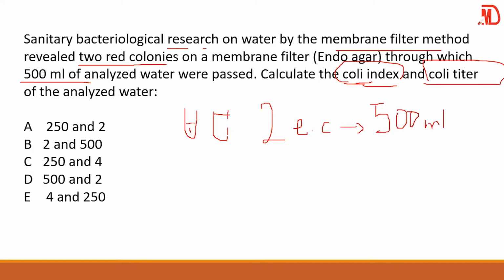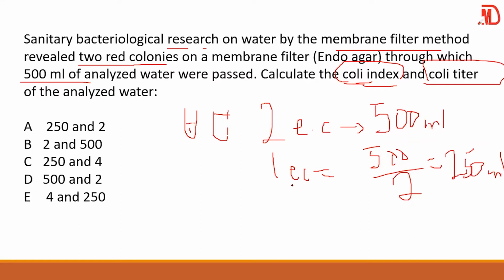So if 2 E. coli are in 500 mils, what about 1? So 1 E. coli will be equal to 500 mils divided by 2. As simple as that. And what is your answer? 250 mils.